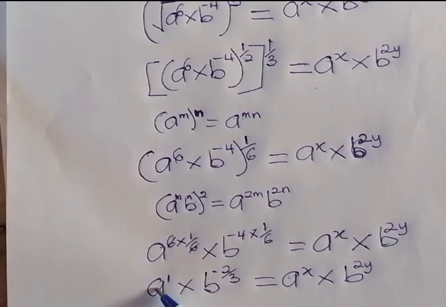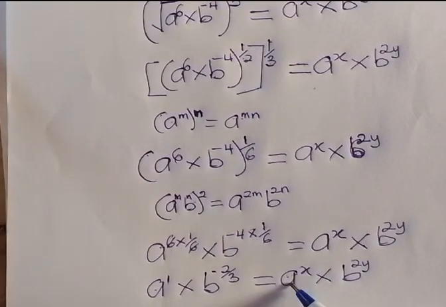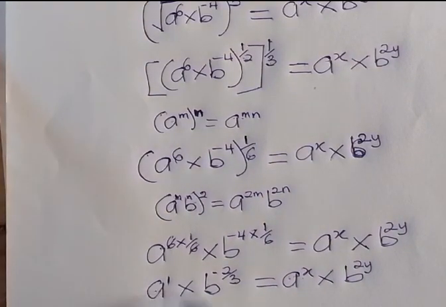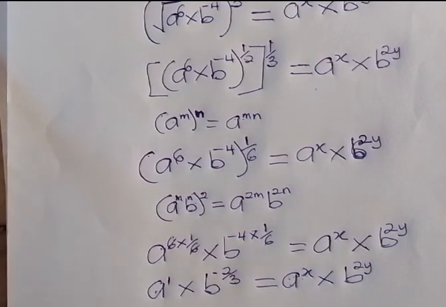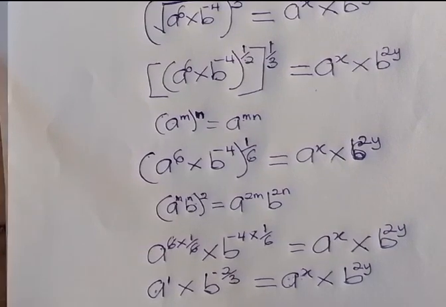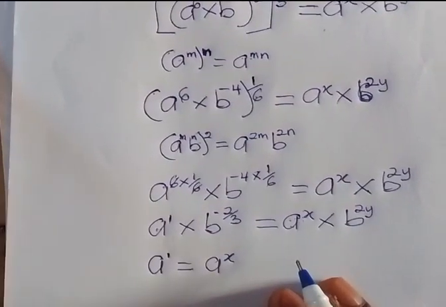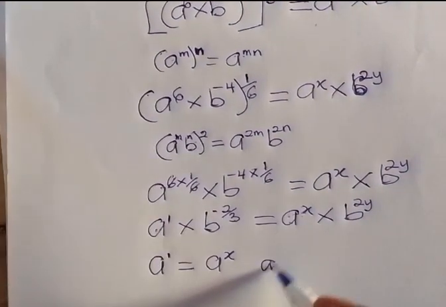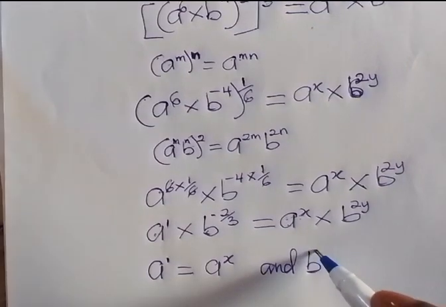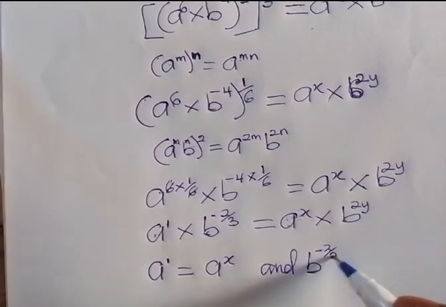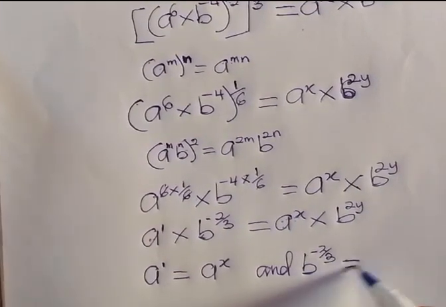Since we have a here and we also have another a here, we are just equating their correspondence. So a exponent 1 should be equal to a exponent x, and also this b exponent negative 2 third should be equal to b exponent 2y.